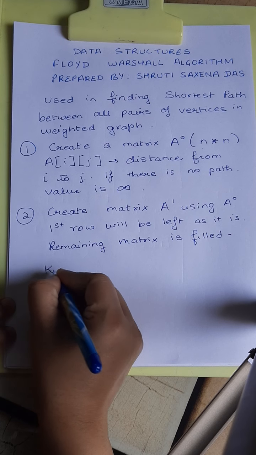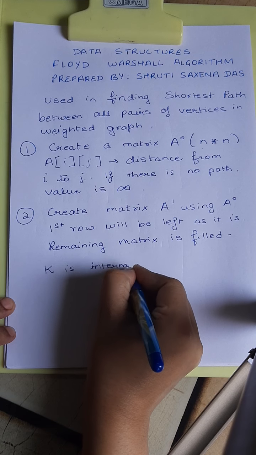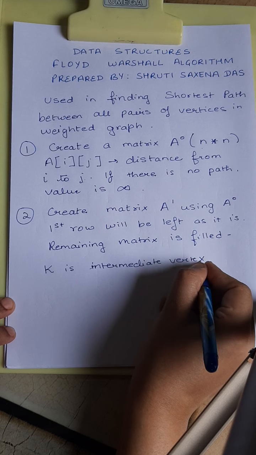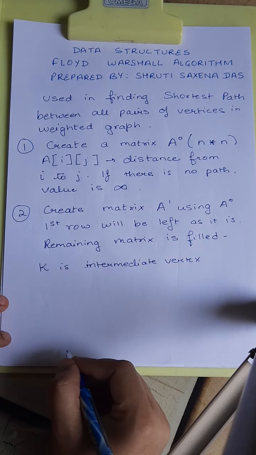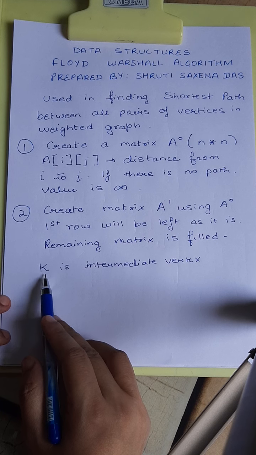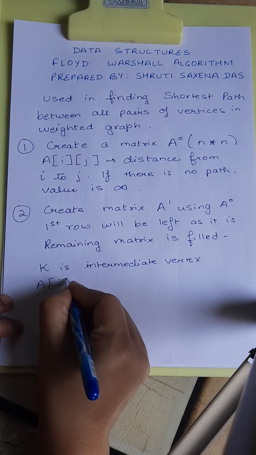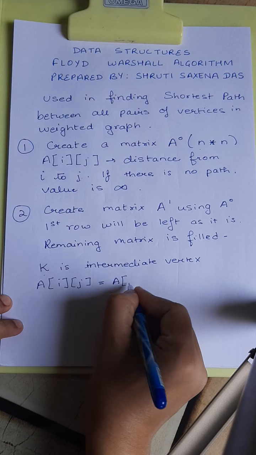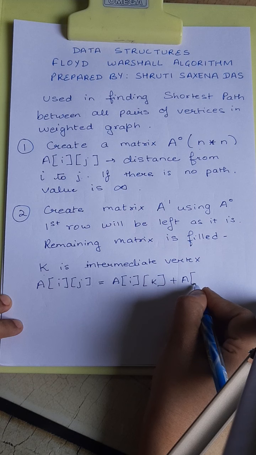If K is the intermediate vertex, in that case, in the shortest path from source to destination, or from one node to another node, if a node is existing which is K, then A of ij is filled with A of ik plus A of kj.